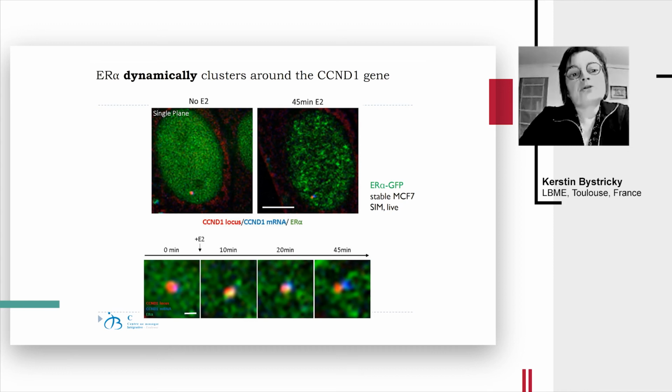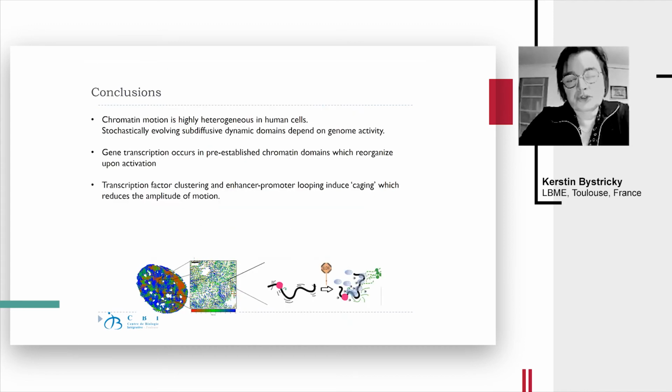So in conclusion, I've shown you that chromatin motion is highly heterogeneous. Again, I'm talking about motion in terms of diffusive properties. We haven't looked at motion over days or hours. Here we look at motion over seconds and minutes.